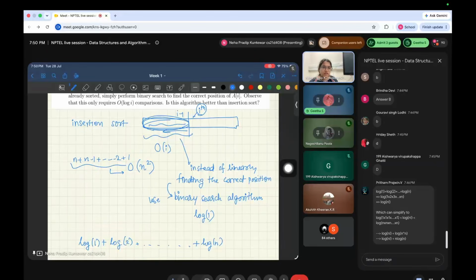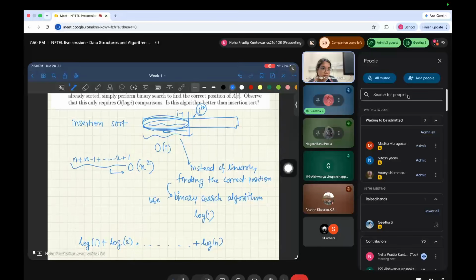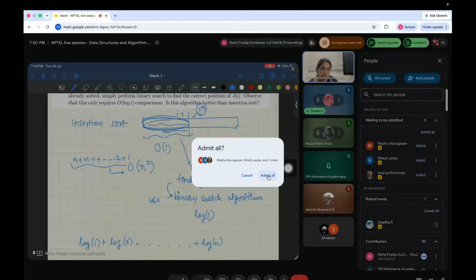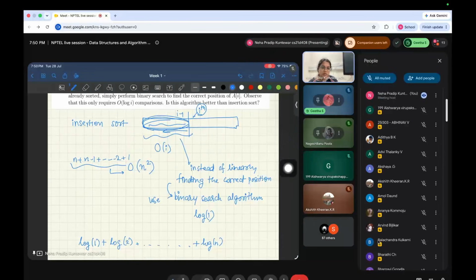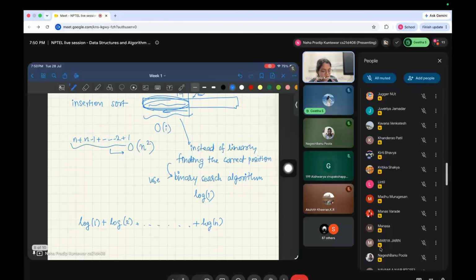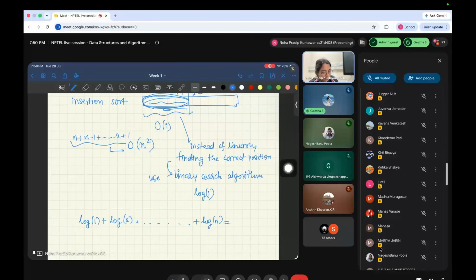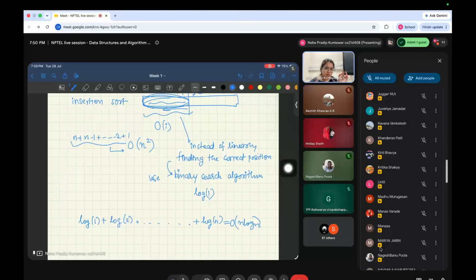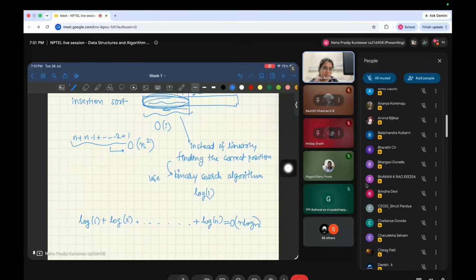The last element should take log n amount of time, and the sum of this, as we saw in the previous question, turns out to be n log n. So this seems to be giving you some improvement, but is this correct? Is this indeed a faster algorithm, or is there something fishy that you see?